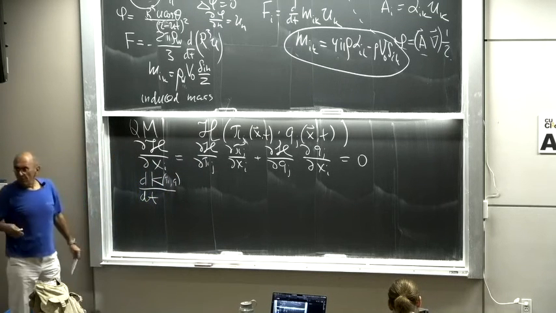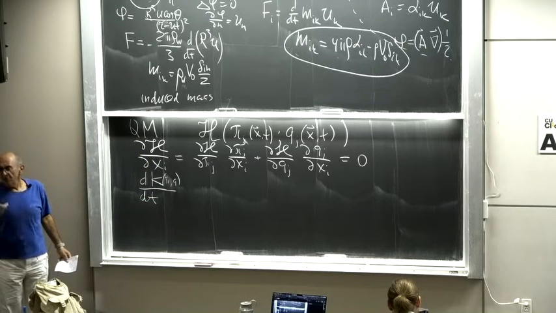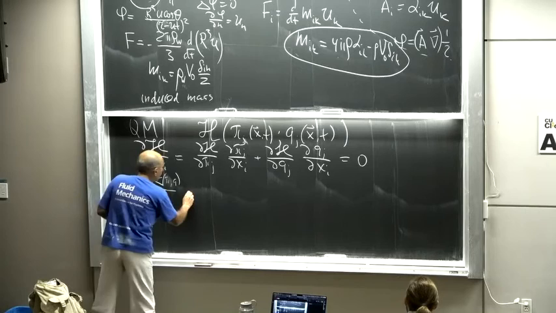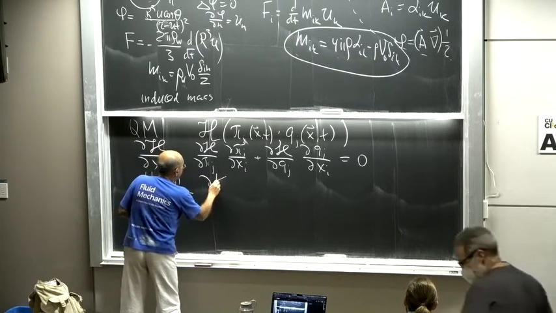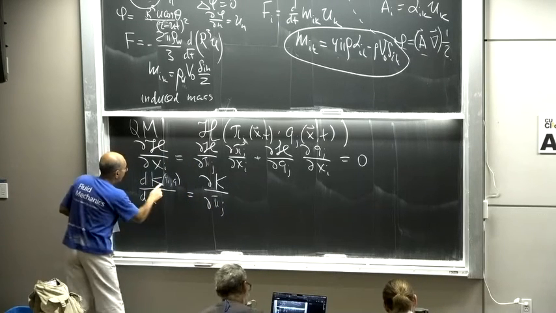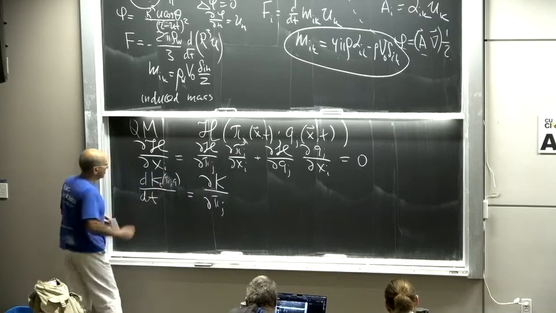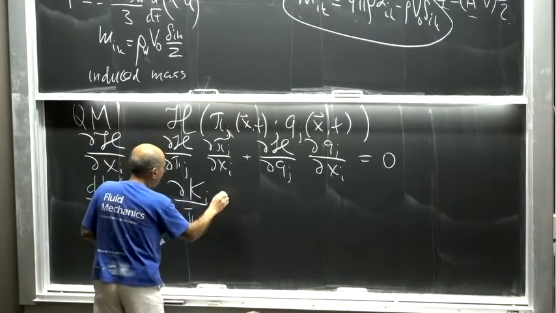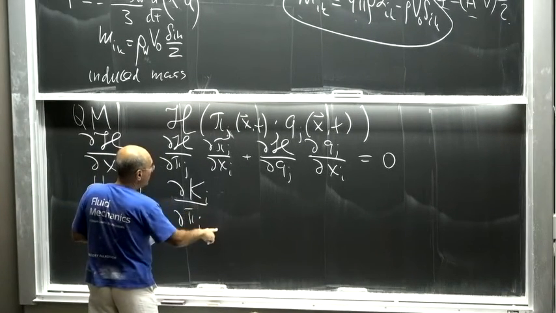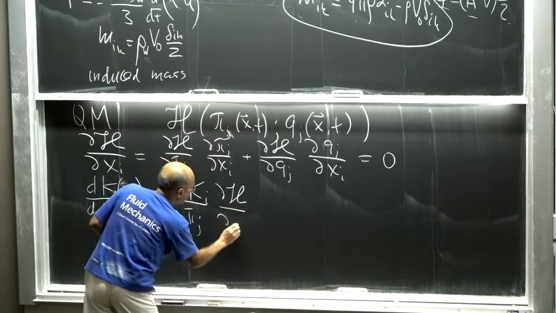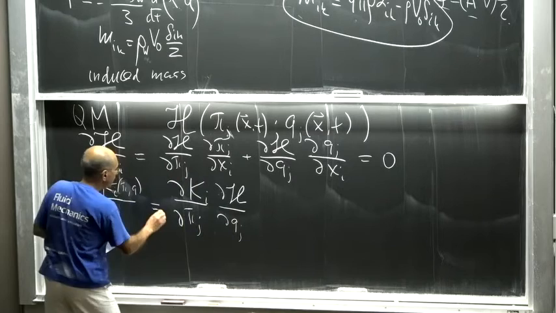And the time derivative of any function of p and q is a Poisson bracket with the Hamiltonian, right? So what I need to do is dK/dp_j. Incidentally, that will be a vector, K_i over p_j. And here will be dp/dt, but I know what dp/dt is. It's dH/dq. Right?